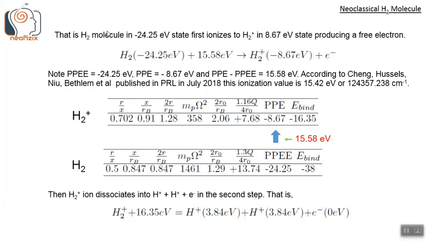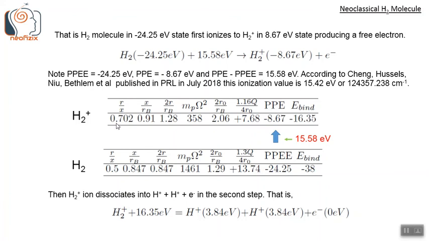So that is the H2 molecule in the minus 24.25 electron volt state. That is here. So here the total energy is minus 24.25, corresponding to the hydrogen molecule. This is the state or the total energy of this hydrogen molecule.